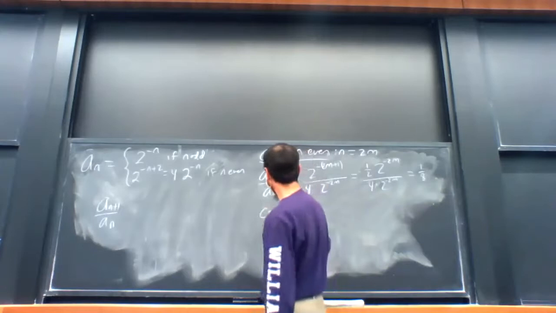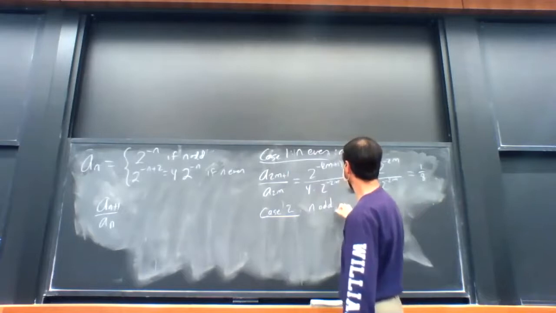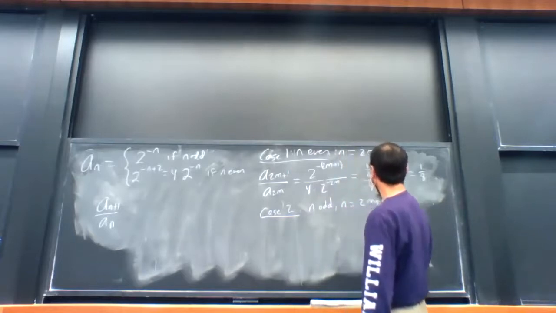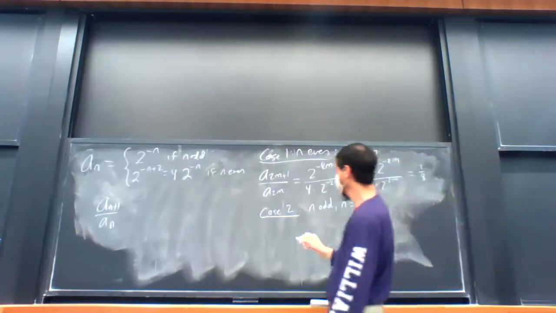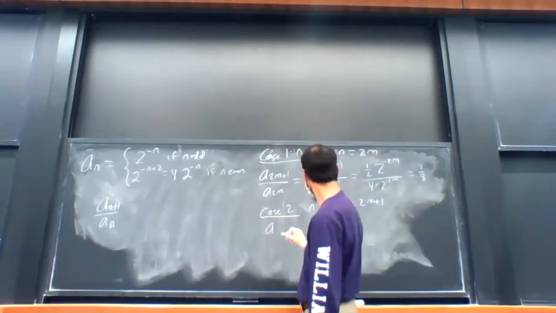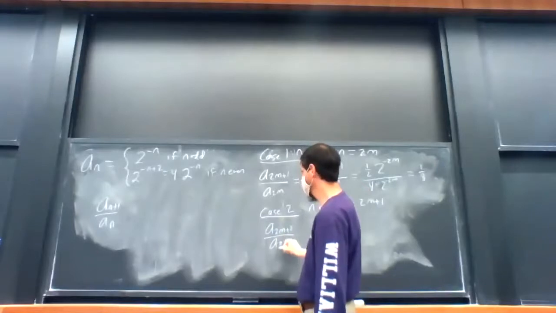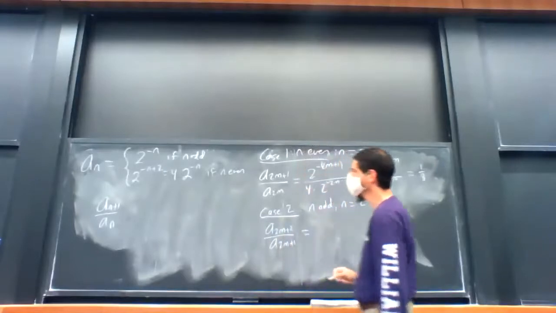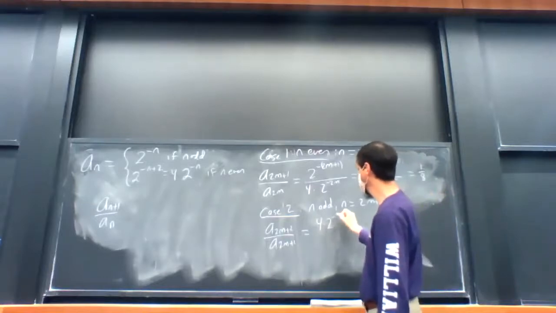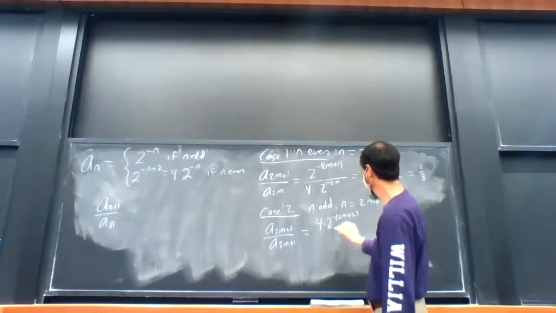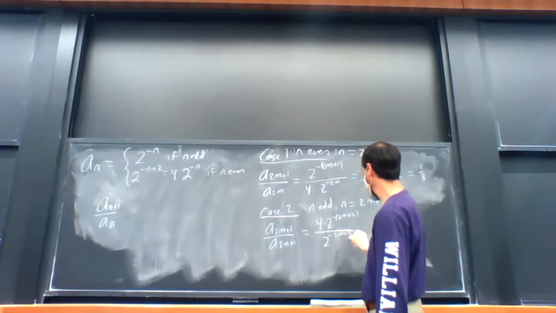Let's look at case 2. So n is odd. So let's say n is equal to 2m plus 1. If we look at what's going on in that case, we have a_(2m+2) over a_(2m+1). So a_(2m+2) is going to be 4 times 2 to the negative (2m+2) divided by 2 to the negative (2m+1).